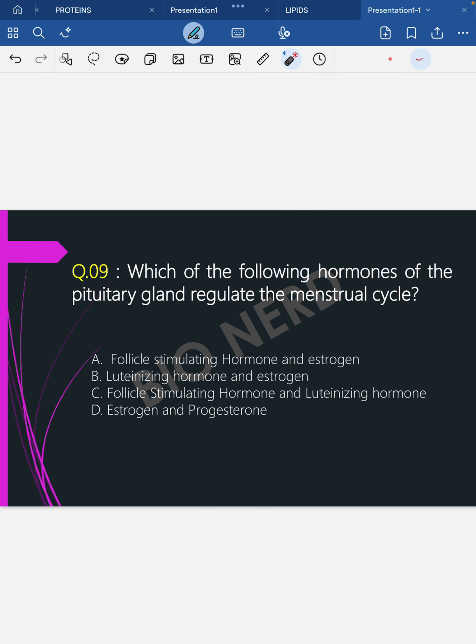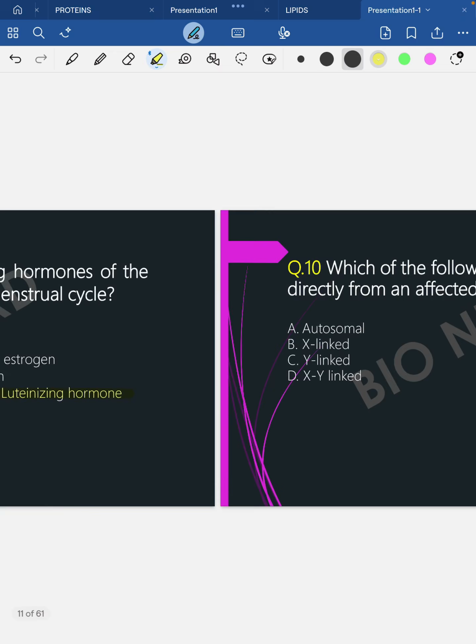In the beta option also estrogen is present. It is an ovarian hormone, so it will not be the right option. In case of Charlie, FSH, follicle stimulating hormone, and LH, luteinizing hormone, both these hormones are secreted by the anterior lobe of the pituitary gland, and they regulate the menstrual cycle, so the right option will be Charlie.